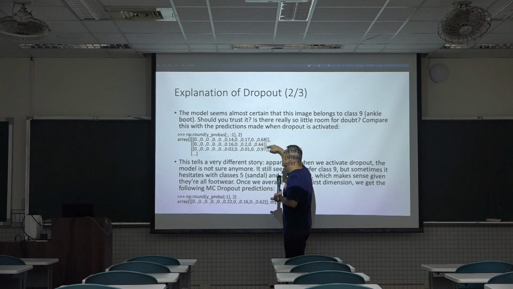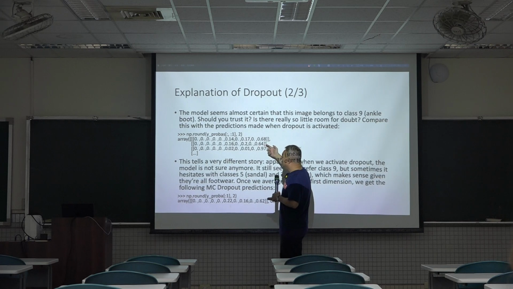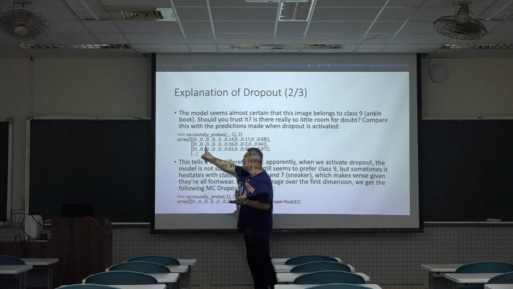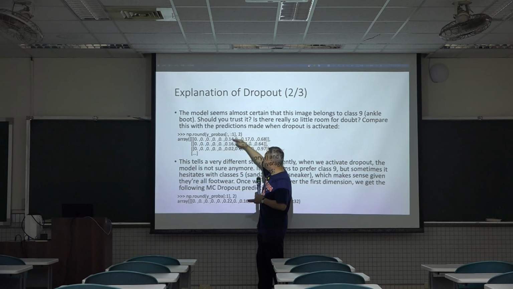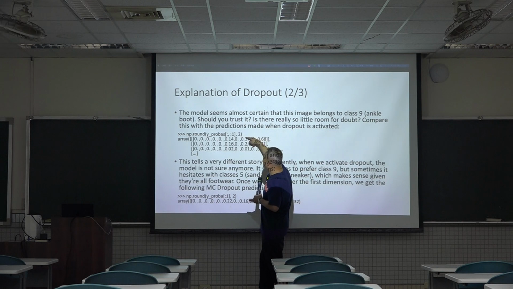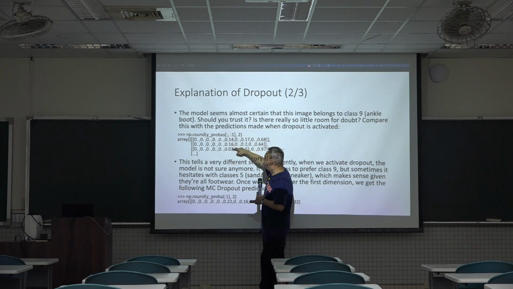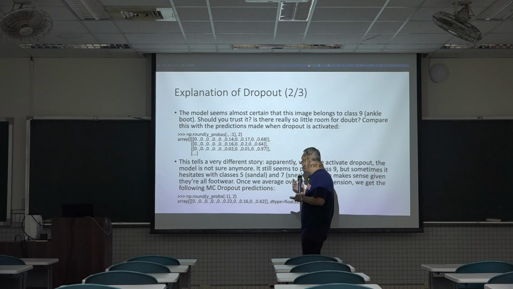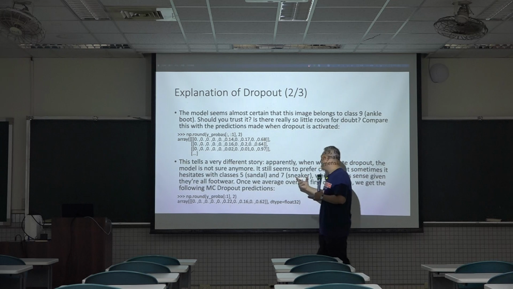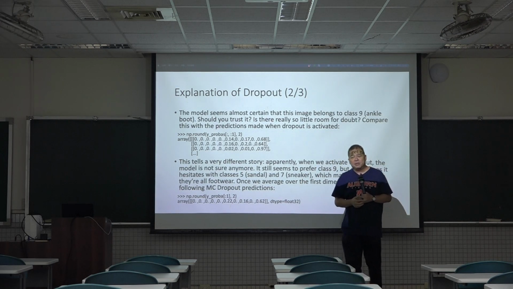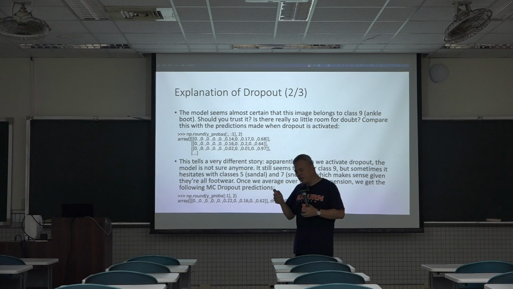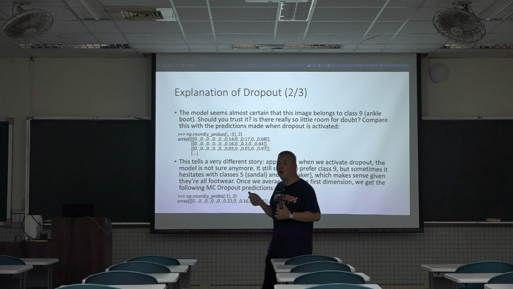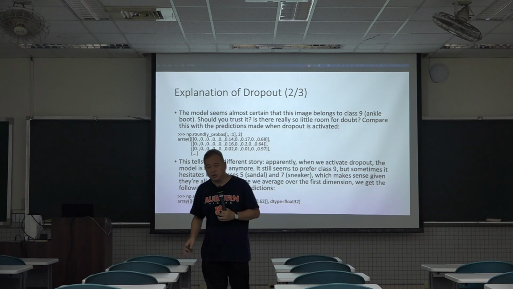And now it says it could be class 5 or class 7, with certain probabilities. Class 5 is sandal, and class 7, as I said, is sneaker. Whether it's a sandal, a sneaker, or an ankle boot, they are all shoes.